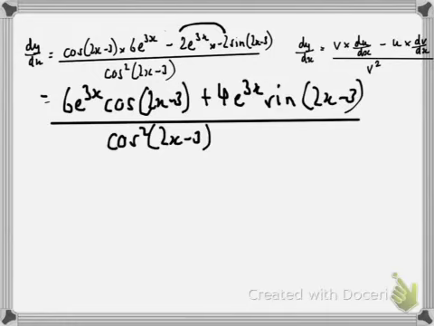Now if you look closely up there on the numerator, we've got a common factor. We've got 6e to the power of 3x here and 4e to the power of 3x there.